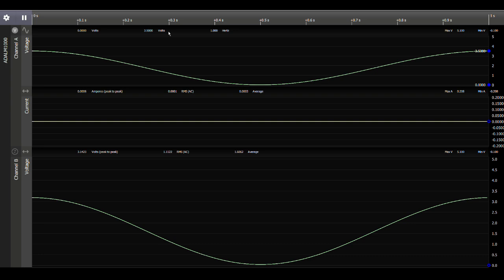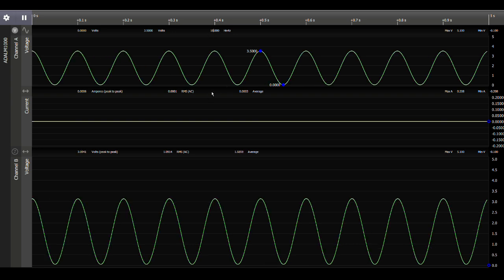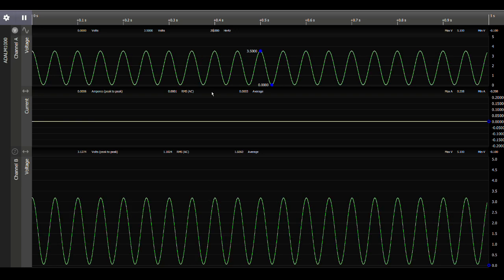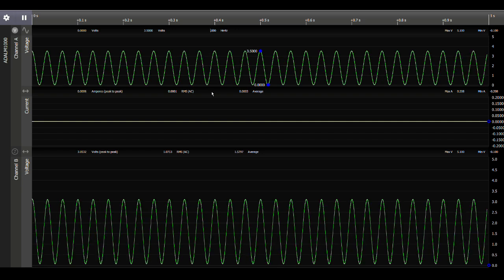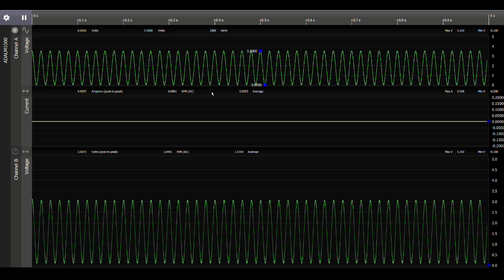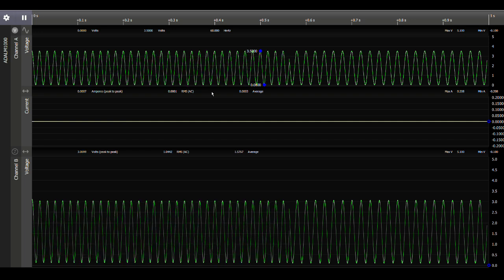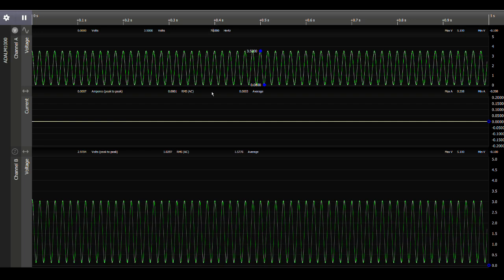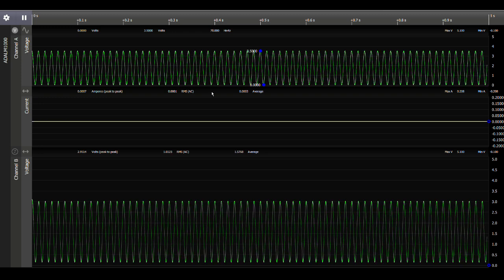So here I'm going to change this to 3.5 and vary the frequency from 10 Hz to 1 kilohertz. First 10, 20, 30, and we see that there is a slight change. We are going to note this data and make a table of frequency and output voltage, and we calculate the cutoff frequency, which is around 160 hertz.